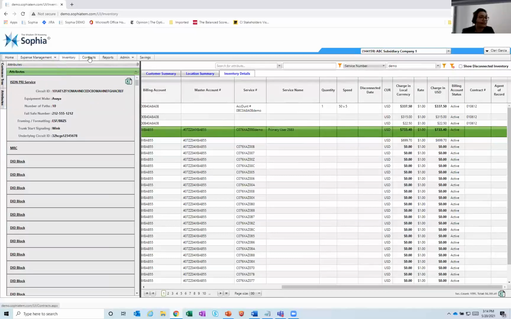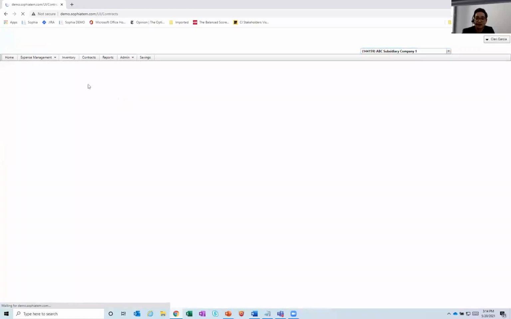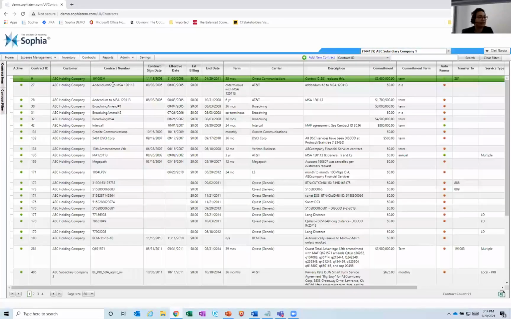So as I jump over to the contracts module, what we can do is then provide you with the underlying details for the services that make up those contractual obligations. So if you are not familiar with the contractual obligations that you have today or how you're trending against those obligations, the Sophia application can help.